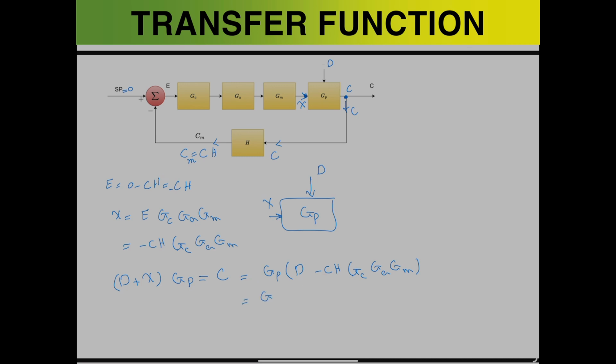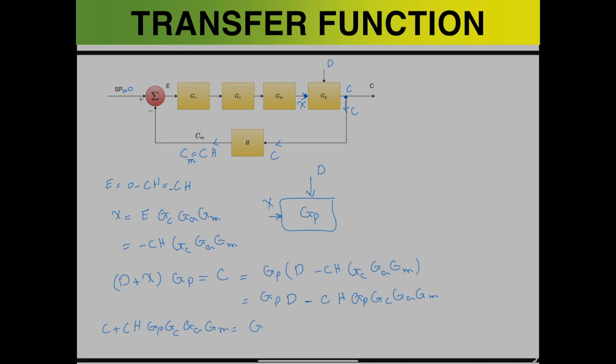So I'll just expand this, GP D and minus C times H times GP, GC, GA, and GM. So if you solve for C, we would have C plus C H GP, GA, GC, GA, and GM.